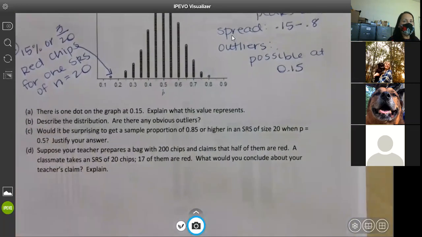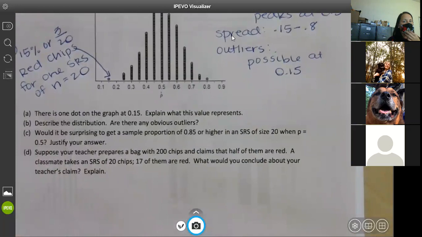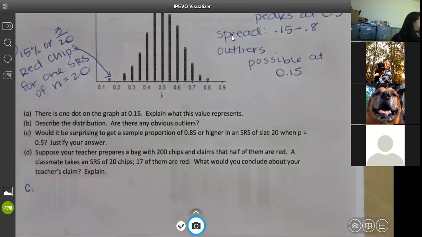Look at C. Would it be surprising to get a sample proportion of 0.85 or higher in an SRS of size 20 when p equals 0.5? Justify your answer. 0.85. Do we have one of those? How many times did we do this?